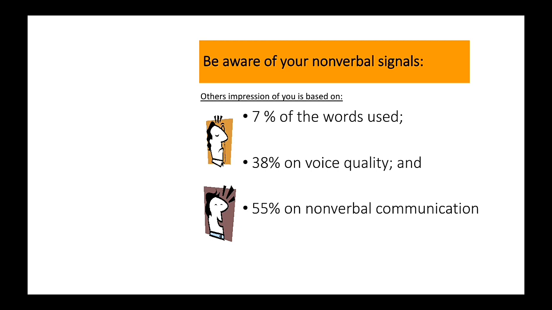So out of 100%, only 7% is words, 38% is voice quality, how the person is speaking or changing the voice tone, and 55% is body language, signs, and different types of expressions.